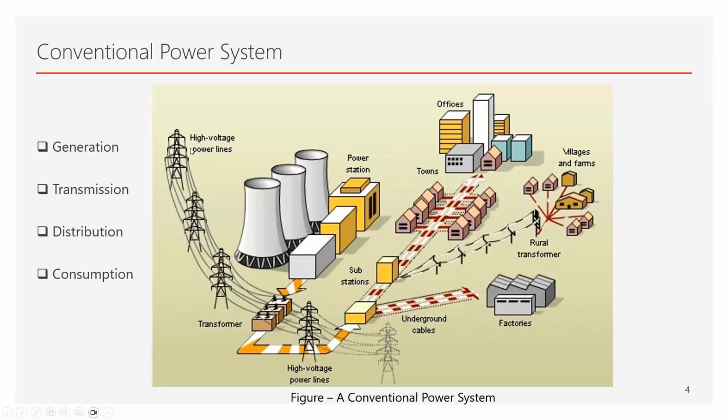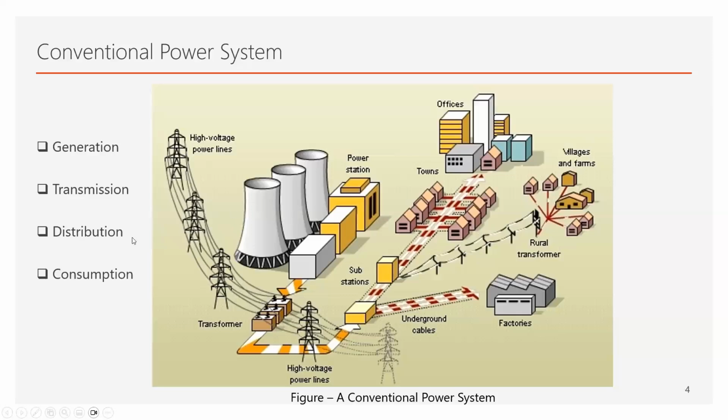So these are the transmission lines that carry power from very far away to a load center, which is this area. So we have covered generation, we have covered transmission lines. What is distribution?